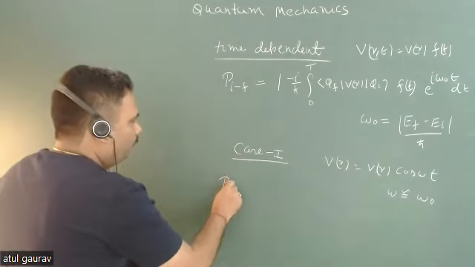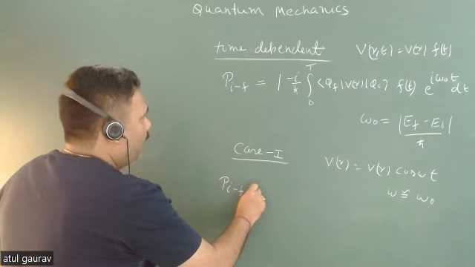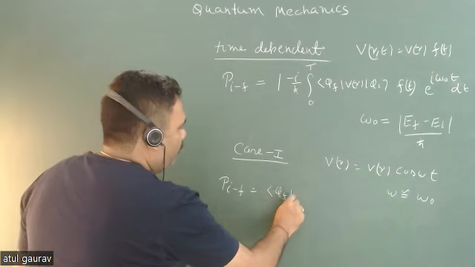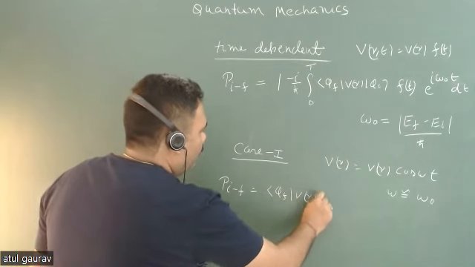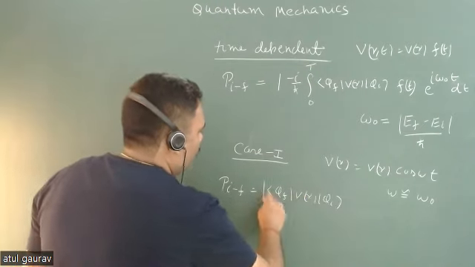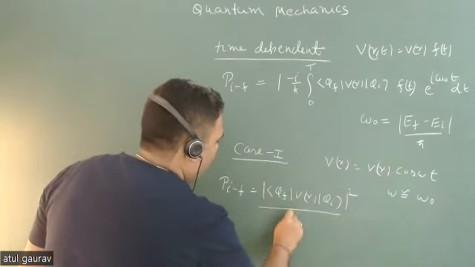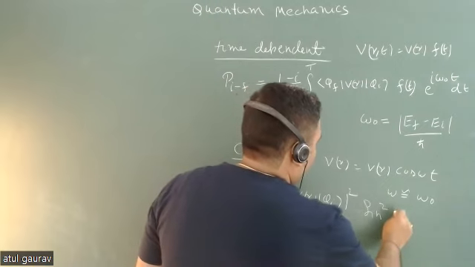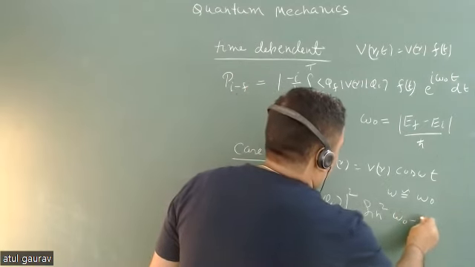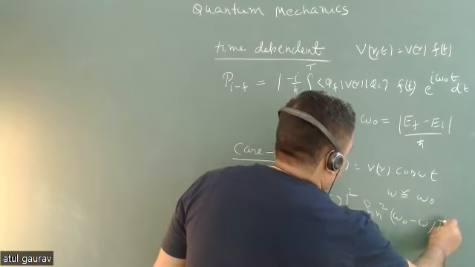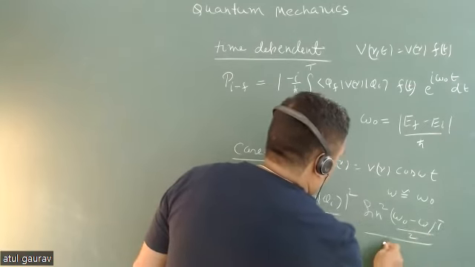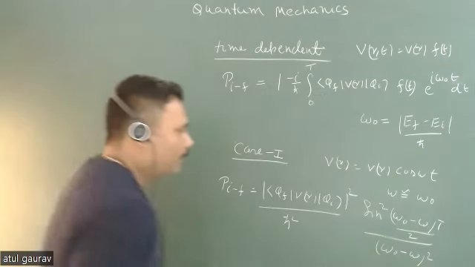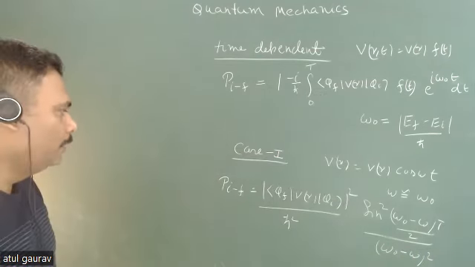So this P_if is equal to mod phi f V(r) phi i mod square upon h cut square, times sine square of (omega naught minus omega) t upon 2, upon (omega naught minus omega) whole square. So this is one formula you have to remember.